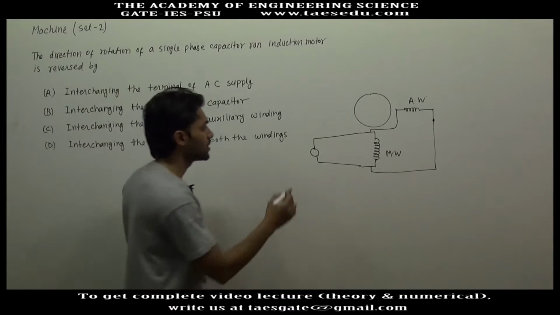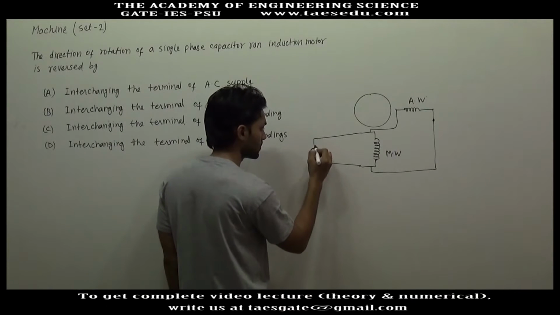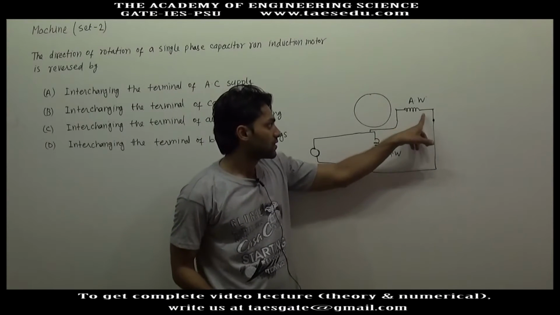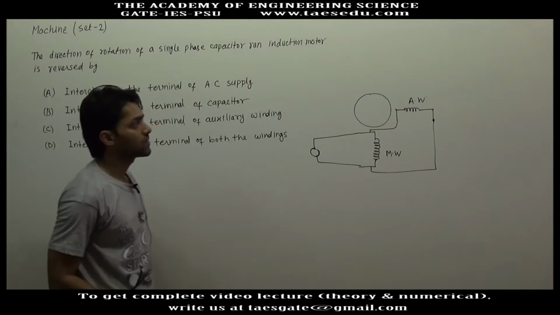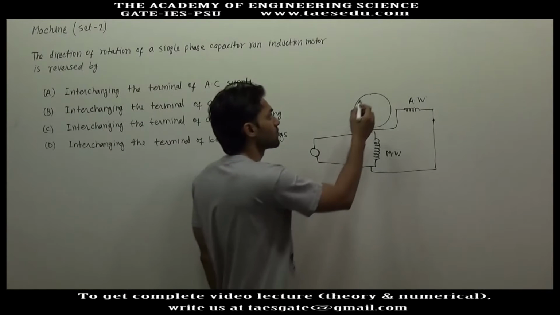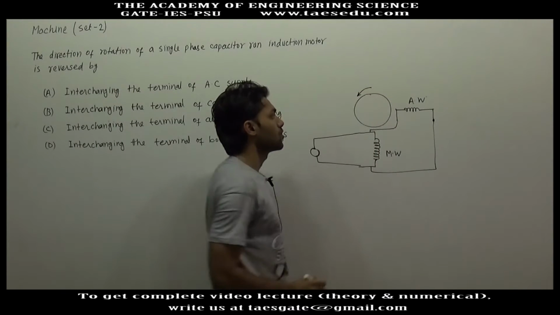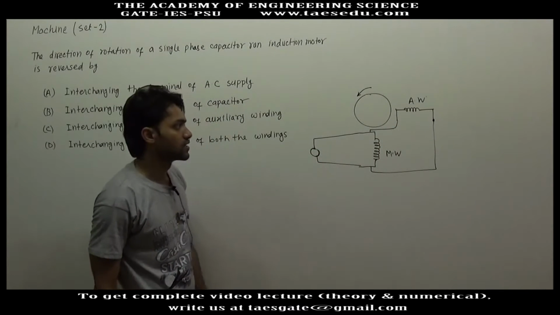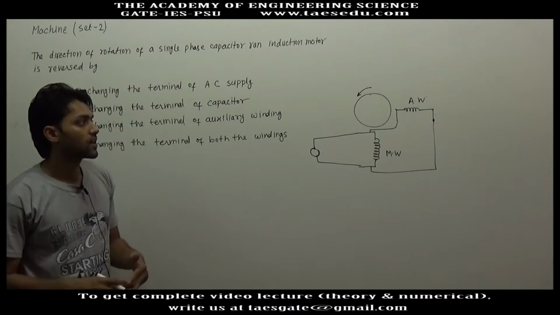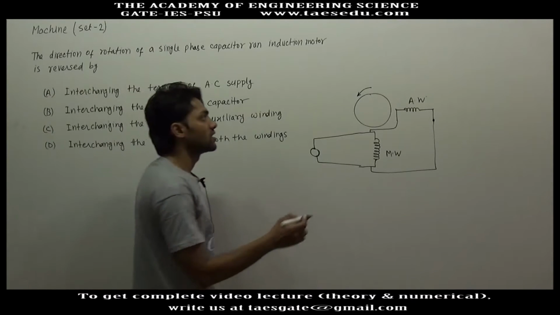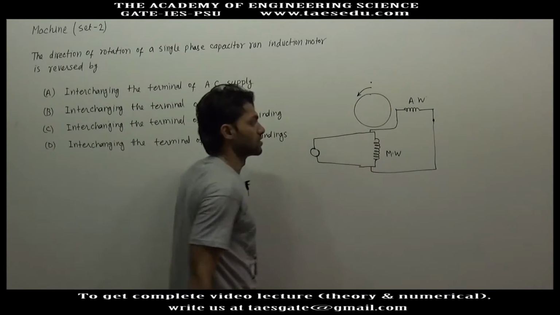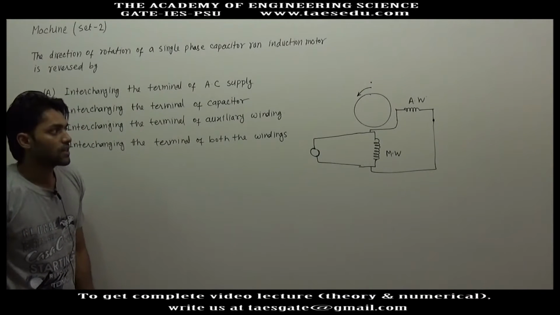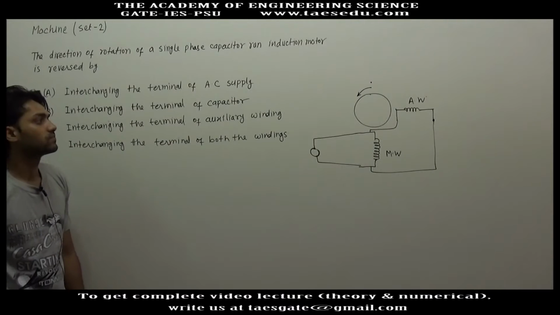So if you reverse the AC supply for both the windings, the connection will be interchanged. To reverse the direction of rotation of an induction motor, the connection of only one winding has to be interchanged. If you interchange the connection of both the windings, the direction of rotation will not be reversed. You have to interchange the connection of only one winding.